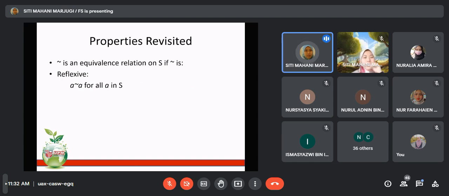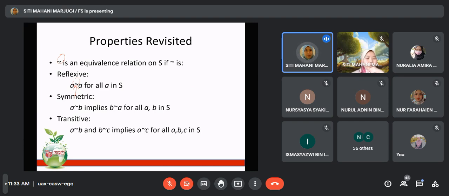Using the tilde symbol, we can also show this is reflexive. So do not be surprised if we show a tilde here. Symmetric: A tilde B implies B tilde A, and transitive: A tilde B and B tilde C imply A tilde C.